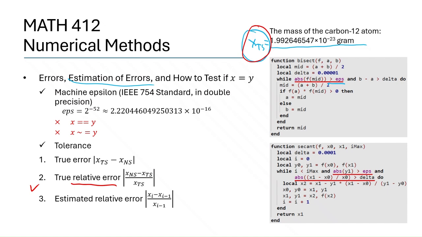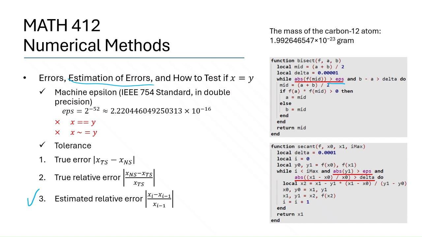So in most cases, you will see people use the relative error. Again, the problem is that for the true relative error, we don't know the true solution in most cases, so this doesn't work. That's why in so many cases we use the estimated relative error.